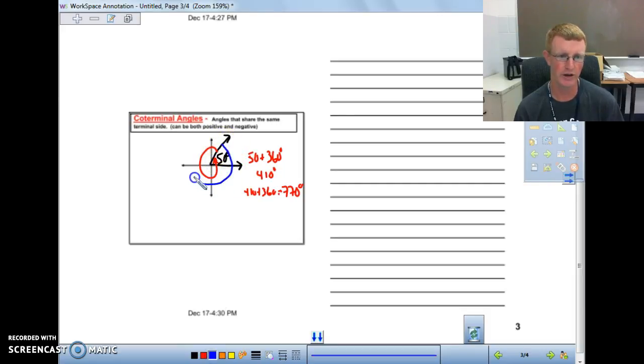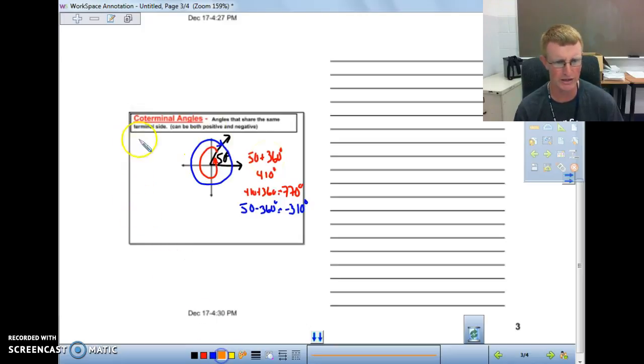Same idea. We're just subtracting 360 this time. So 50 minus 360 is negative 310 degrees. So there's a negative coterminal angle. So negative 310, 770, 410, and 50 are all coterminal because they're in the exact same spot.